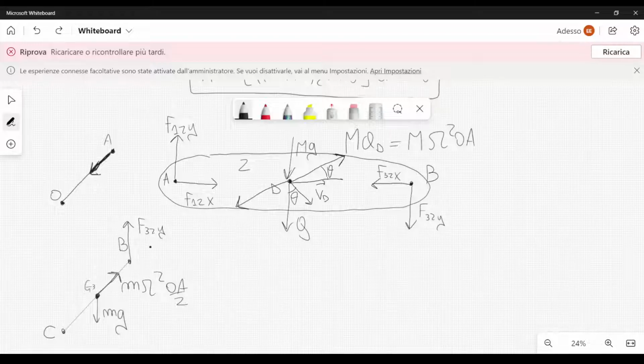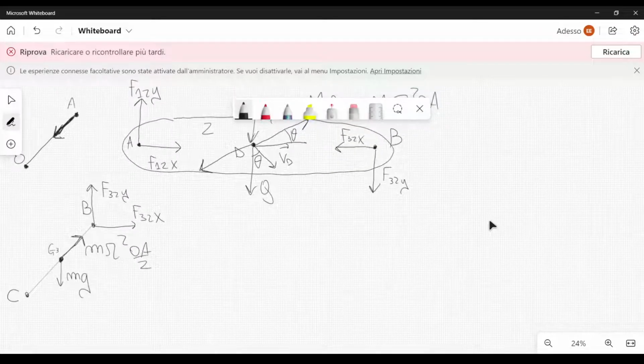And then we have to draw f32x in this manner, just like this. So now we can write down some equations. In particular, let's calculate the moment with respect to the point C here for the second crank, this is the third body or the second crank, and we get OA sine theta f32x, which is basically, so OA is equal to CB.